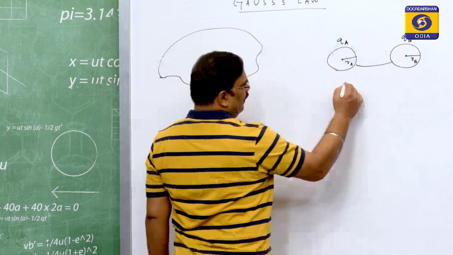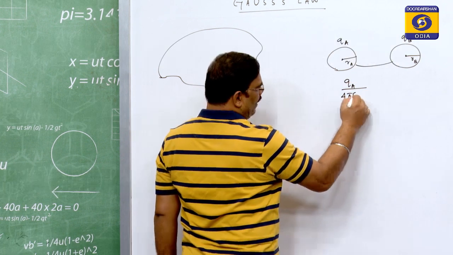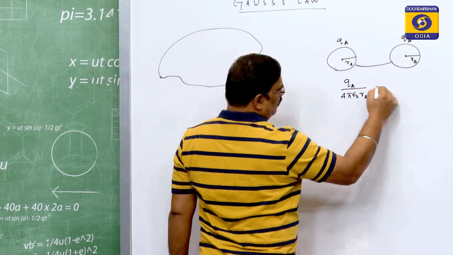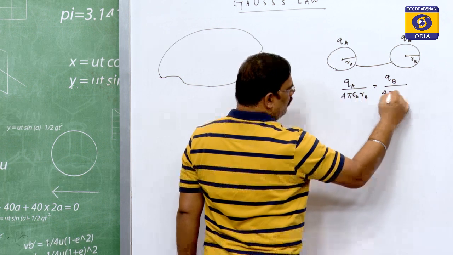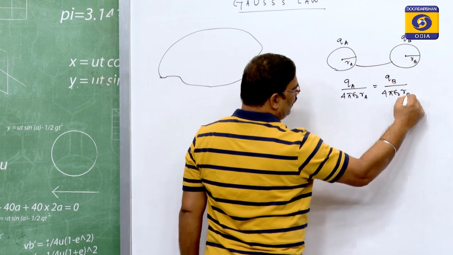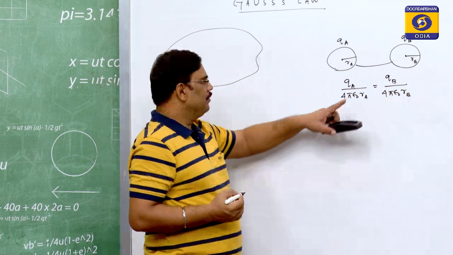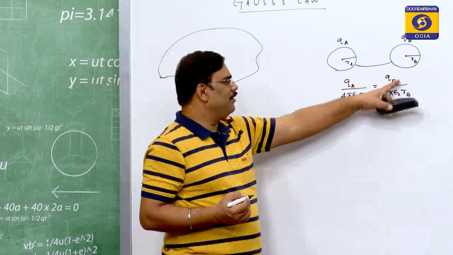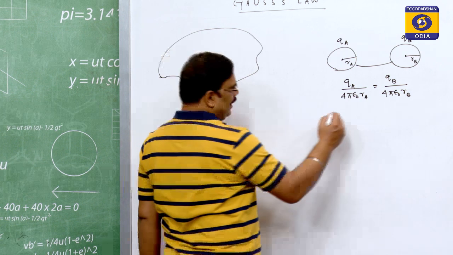So, the potential of A, q a divided by 4 pi epsilon 0 r a, must be equal to q b divided by 4 pi epsilon 0 r b. Now, multiplying r a in the numerator of the left hand side and r b in the numerator of the right hand side, what do we get?